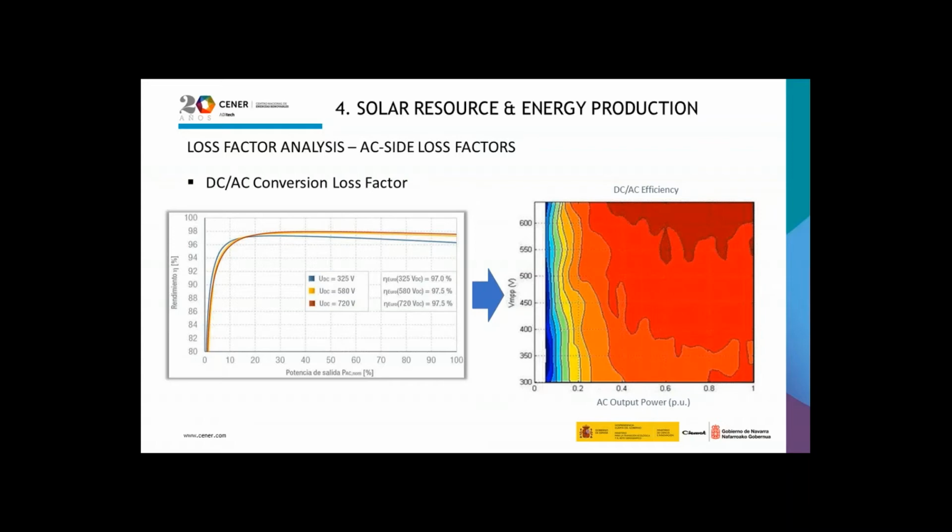The concept of efficiency curves is updated by efficiency maps. Additional losses may exist due to over or undersizing of the inverter with respect to the photovoltaic field, which may place the input DC voltage and current outside the operating range of the inverter.